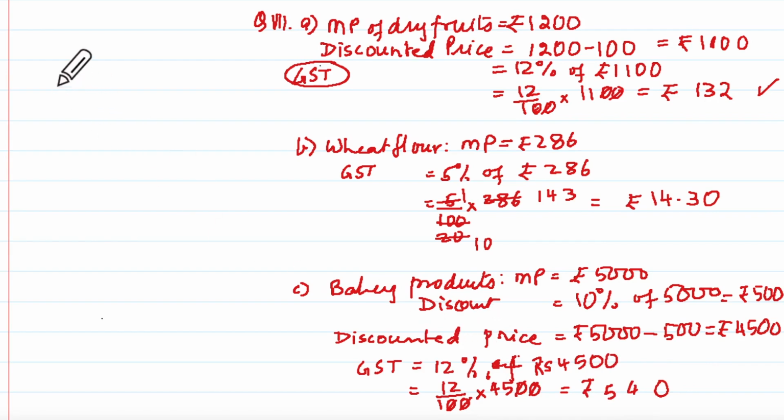Now they say total bill. So then you will say total bill will be equal to, what is for the first one, discounted price this. How will I word it?